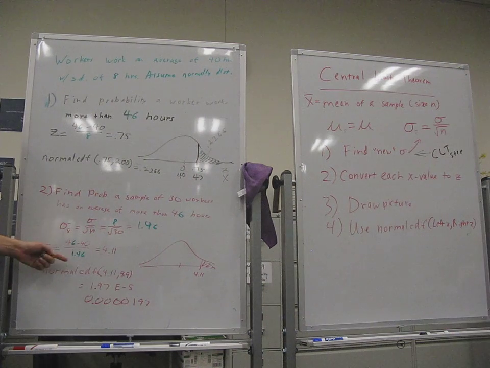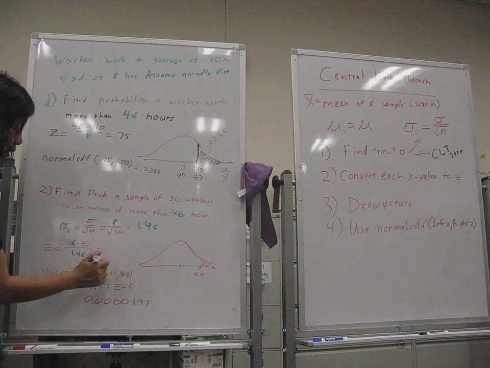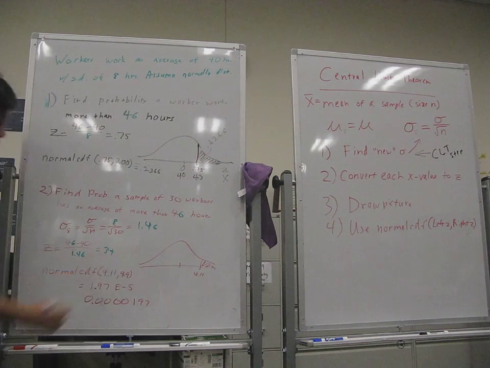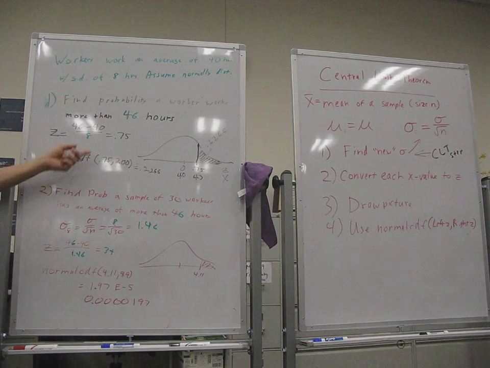That's still going to be really small. It's still going to be 3 something, almost 3, over 3, and it's still going to give you roughly 0, right? Almost 0.